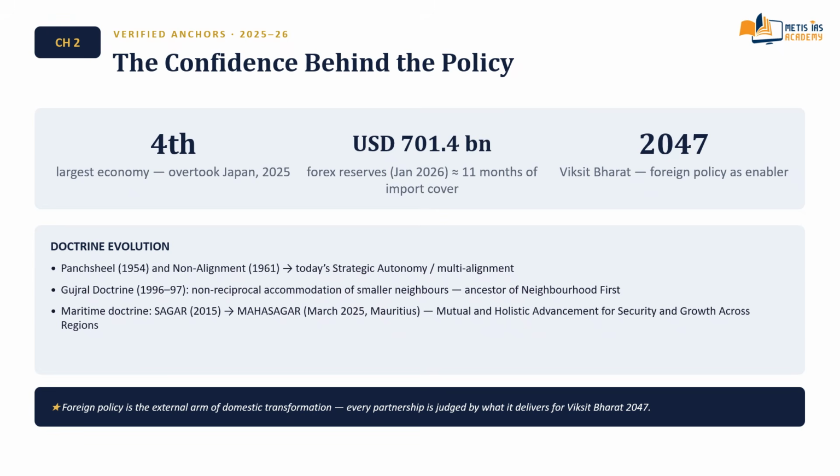Does it strengthen supply chain resilience? And does it strengthen regional stability? You have to ask these many questions, these many dimensions. Once you begin thinking in terms of objectives rather than countries, international relations becomes much easier to understand.